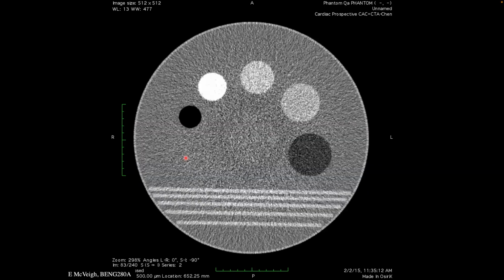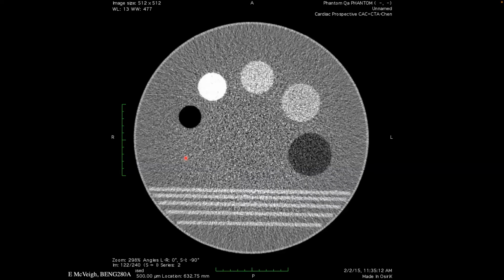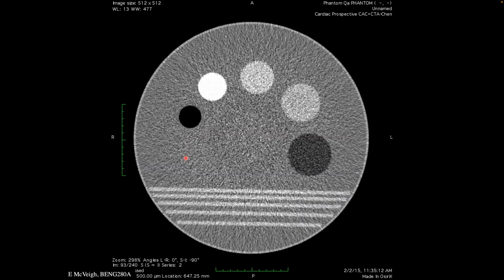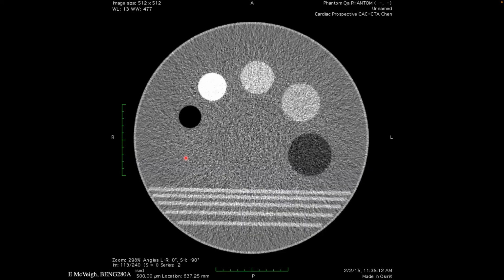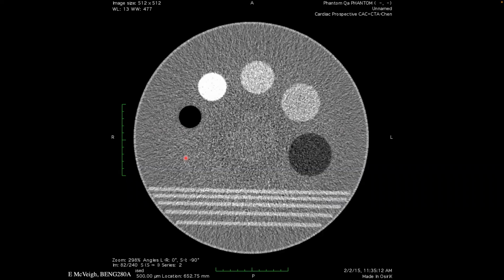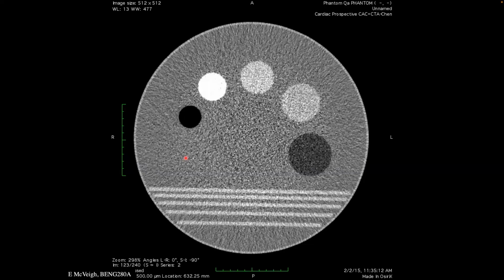The really bright stuff can be either higher density plastic, higher density doped plastic, if it's got some iodine or something like that in it. It can be crushed up bits of calcium and things like that, so that it's just a higher mu value.